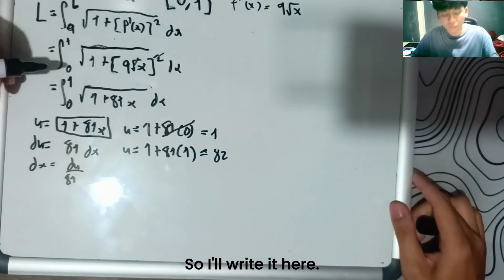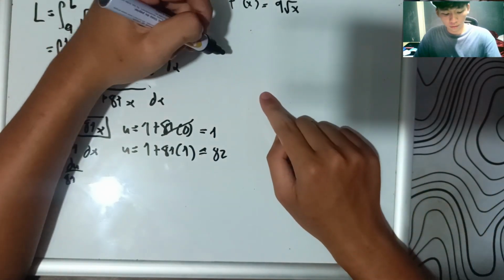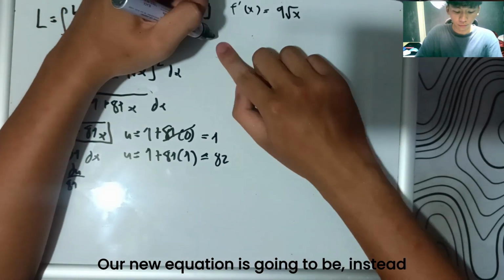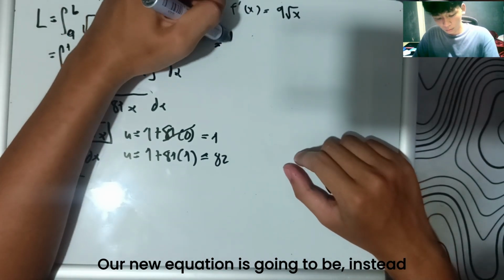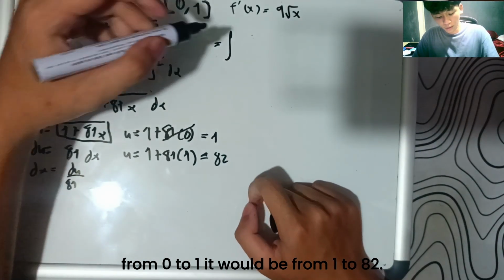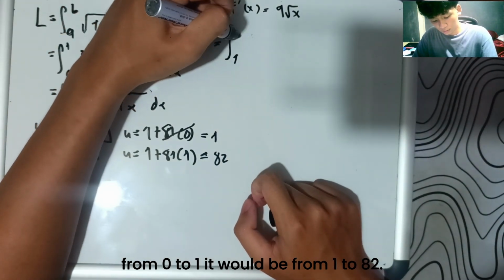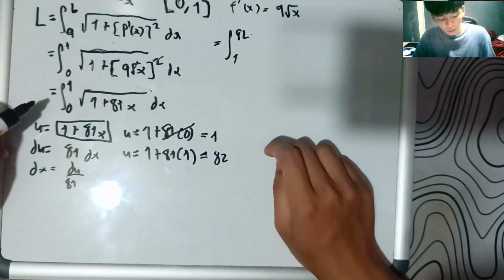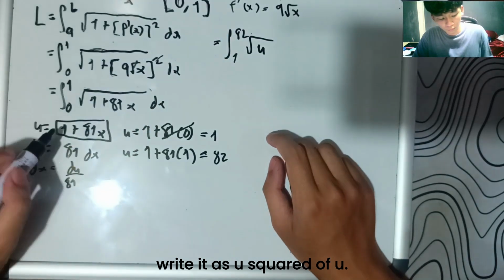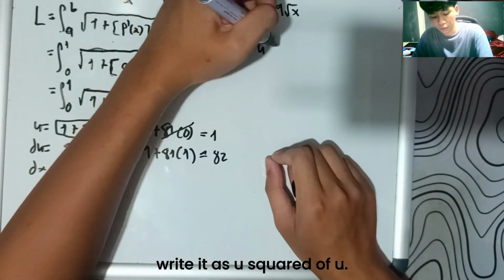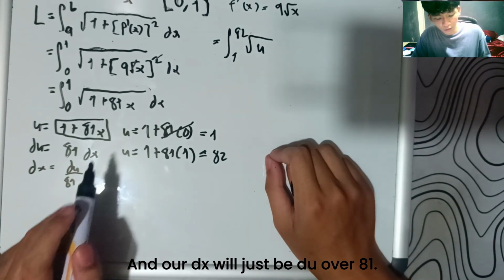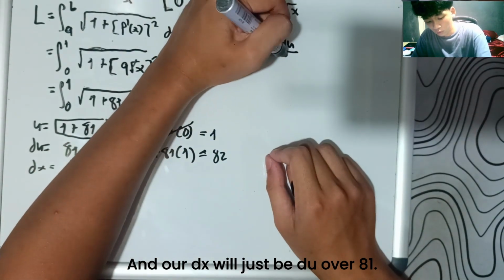So I'll write it here. Our new equation is going to be, instead of from 0 to 1, it would be from 1 to 82, and then we can just write it as square root of u, and our dx will just be du over 81.